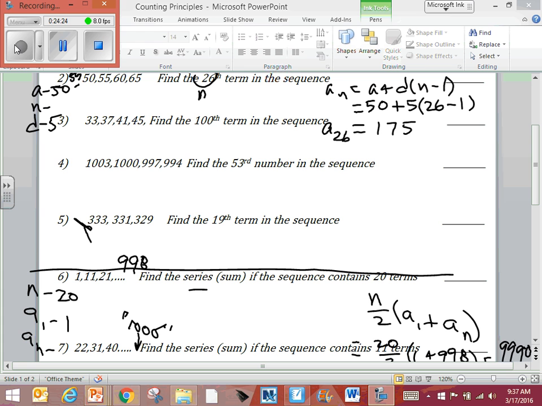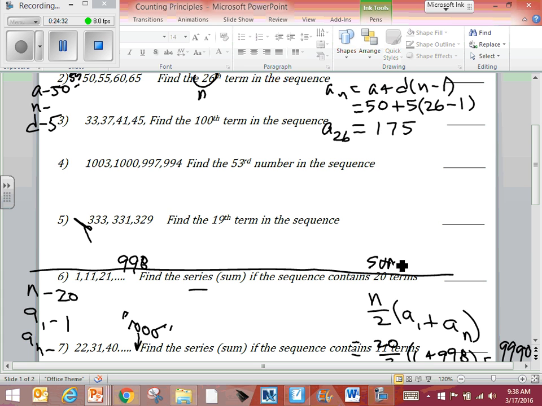Please find the sum of the series 1 plus 2, 3, 4, 5, all the way to 100.